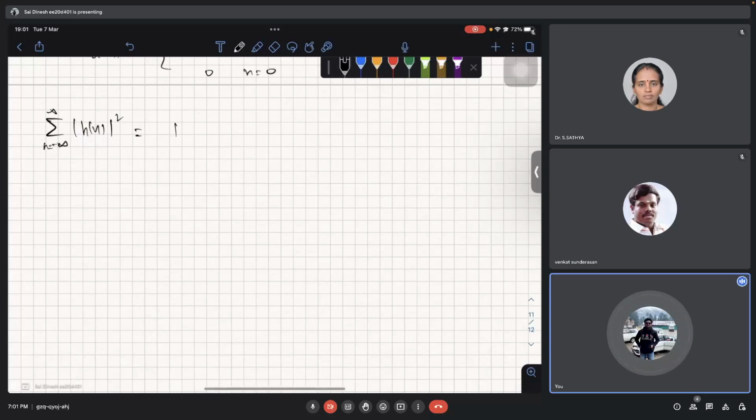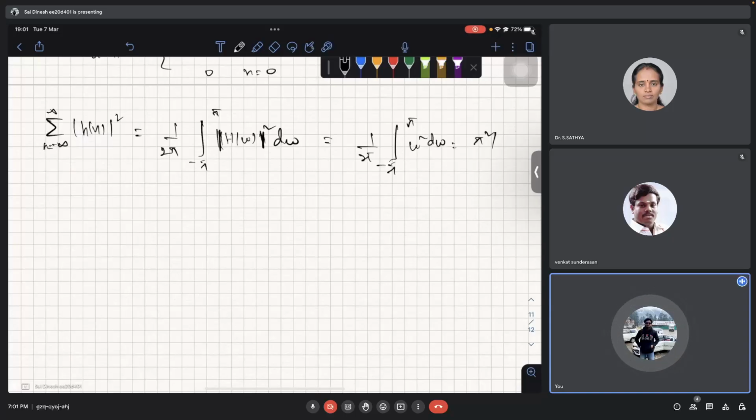This will be equal to 1 by 2 pi, integral from minus pi to pi of the magnitude square dω, which is 1 by 2 pi, integral from minus pi to pi of ω square dω, which will be pi square by 3.